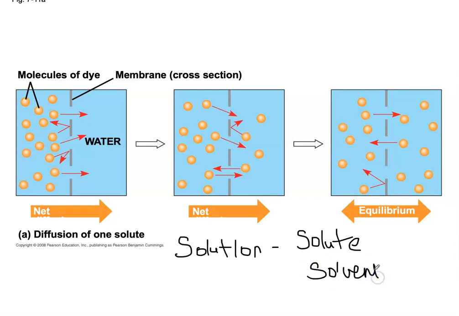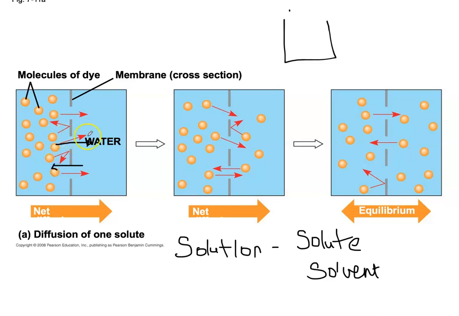This is based on concentration, right? Moles over liters. So if I had a solution, let's take this one. There's more solute on this side than there is on this side. So the solute molecules are going to move in this direction, and water molecules are going to move in that direction.